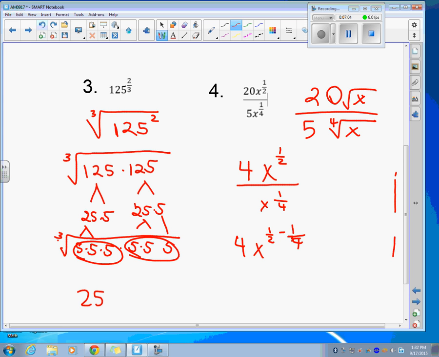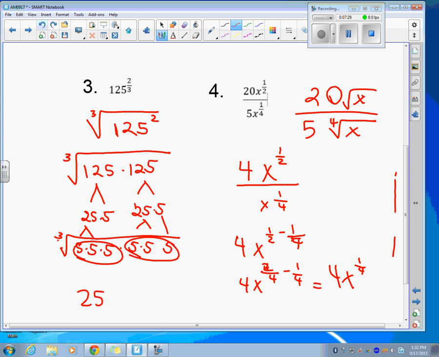Well, 1/2 and 1/4 are pretty easy to find a common denominator. 1/2 is 4/8. No, it is 4/8, but I don't need 8s, do I? I only need 4s. How about 2/4? 8 would work, but it's not the least one. So this is 4x to the 1/4 power.